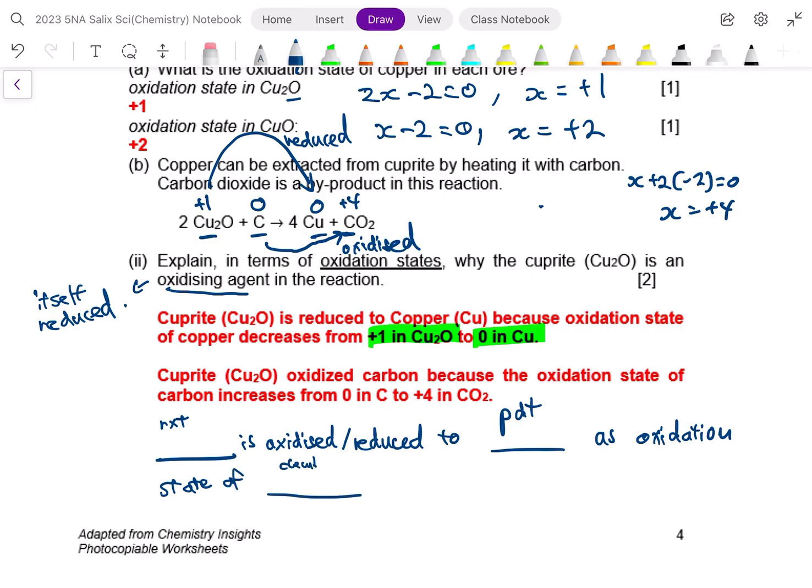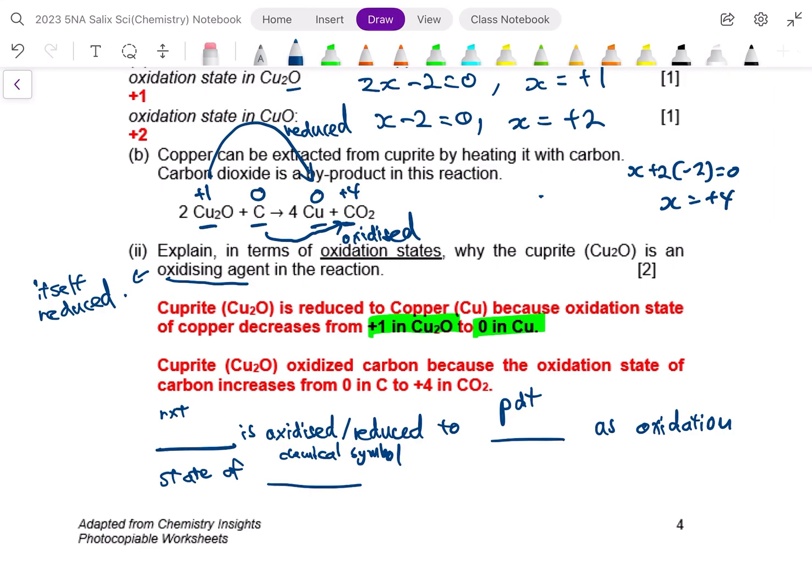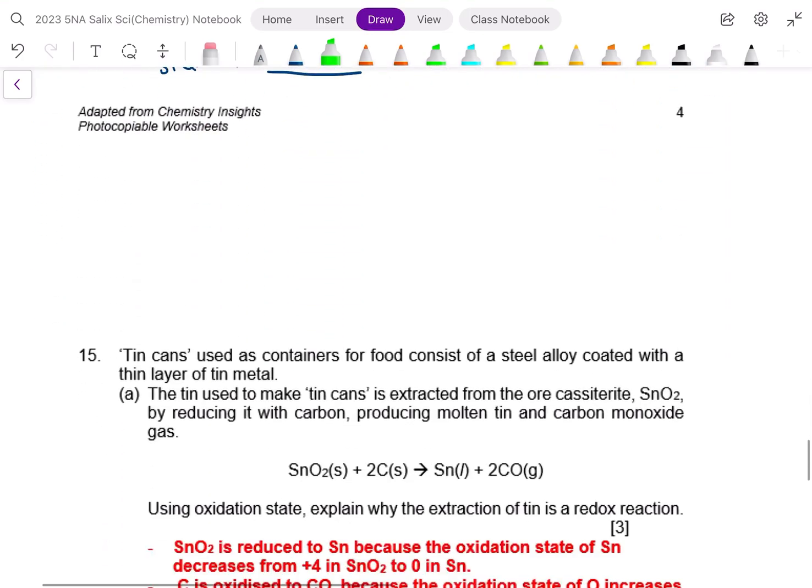This one you put the chemical symbol. Then the other case is when it gets oxidized to carbon dioxide. Oxidized because the oxidation state increases from 0 in C to plus 4 in CO2. So if you try to use the template, you shouldn't have an issue.